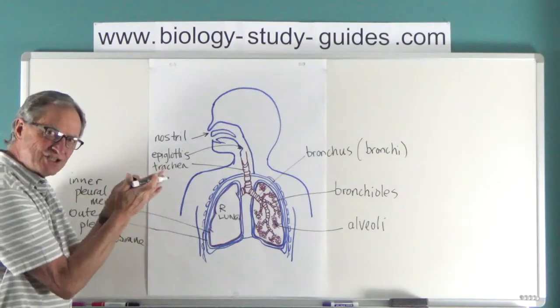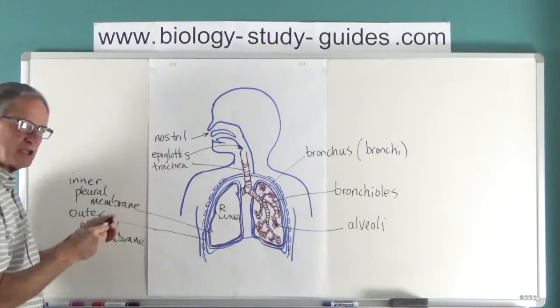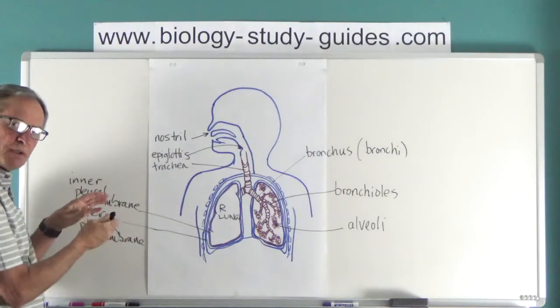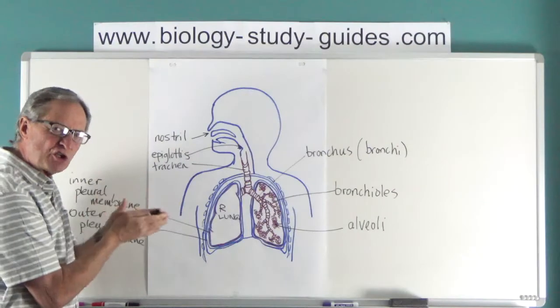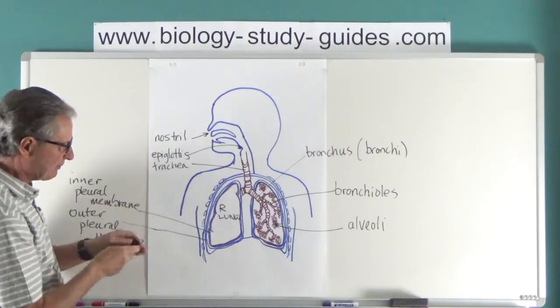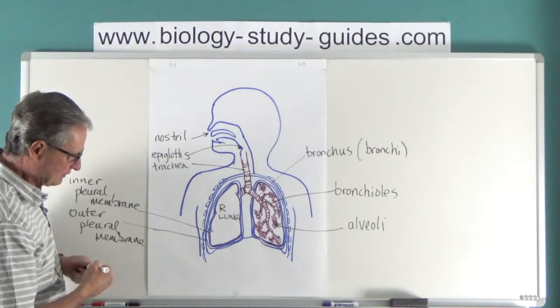They run against each other. They say there's a space between them called an interpleural space, but there's no appreciable volume to that space, and we'll get to that topic in a little bit here.